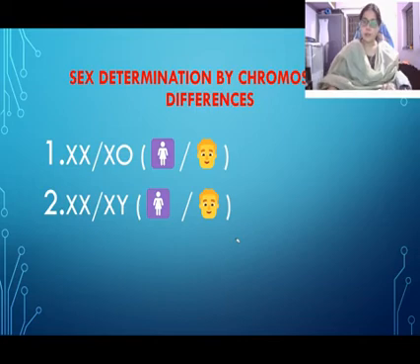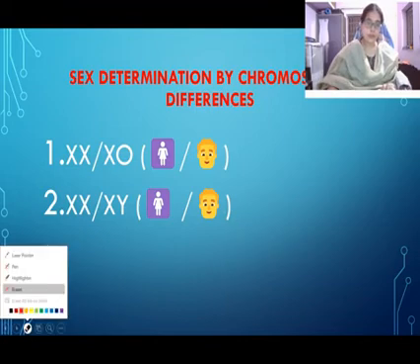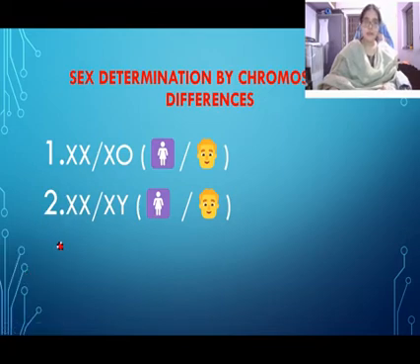XX and XY, which is found in humans and other insects, also known as the Lygus type. Here the nature of ovum will be A plus X and another ovum will be A plus X. In Mendelian laws of inheritance, you have studied the law of segregation and the law of independent assortment.